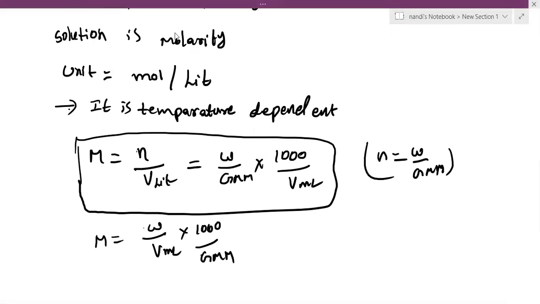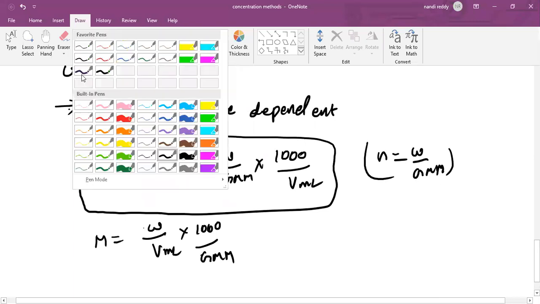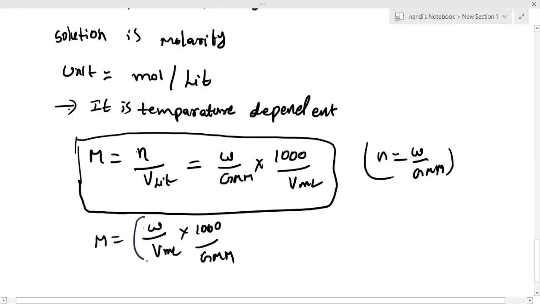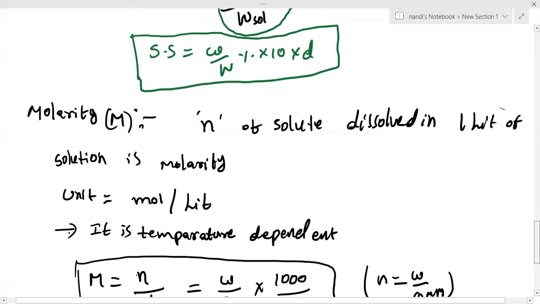Can you identify what we call W by V ml into 1000? It is strength of solution. So molarity equals strength of solution by gram molecular mass. I hope you know strength of solution in terms of W by V and W by W percent.